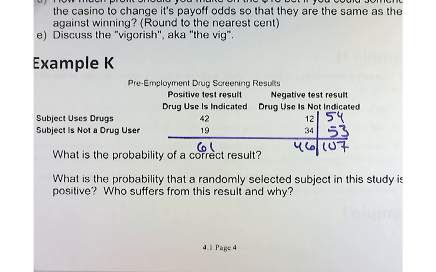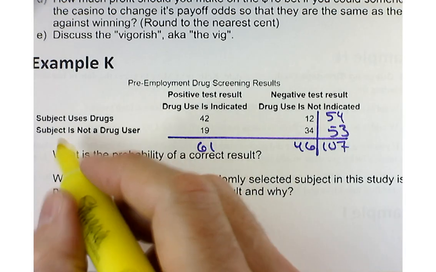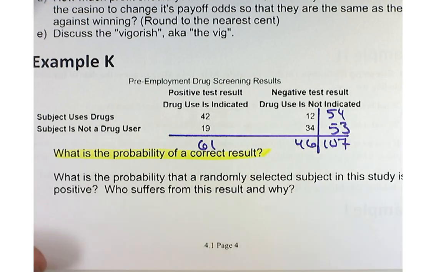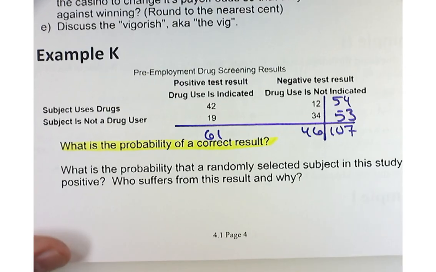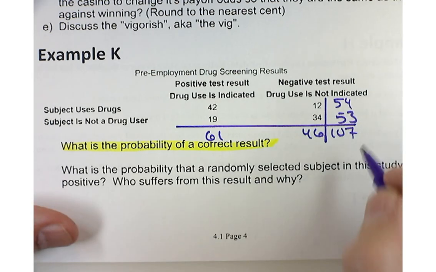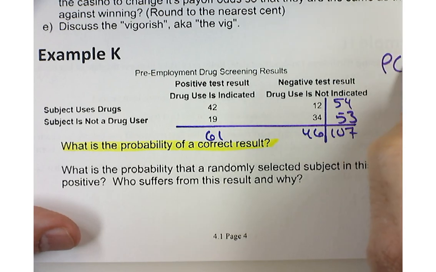So a question that could be asked would be this: what's the probability of a correct result? So of the 107 people, we've got to figure out, well, how many got a correct result? So probability of a correct result.